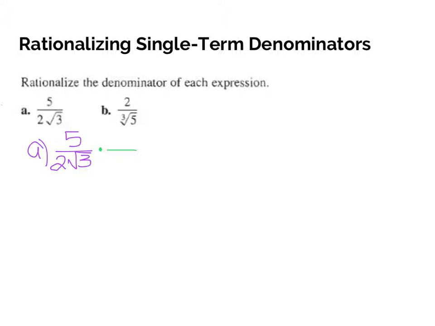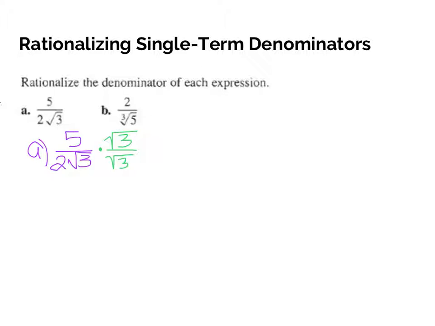Notice here that the 2 is okay to have in the denominator, but we have a square root of 3. The way to rationalize this is to multiply by the square root of 3 over the square root of 3. This is the form of 1 that is going to change what this looks like, but not what it means.